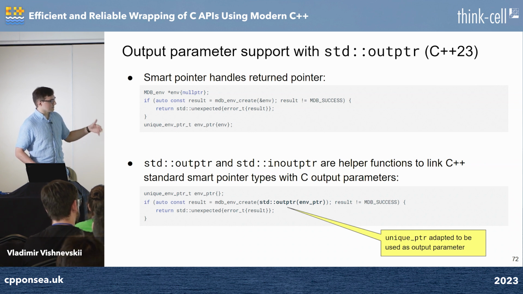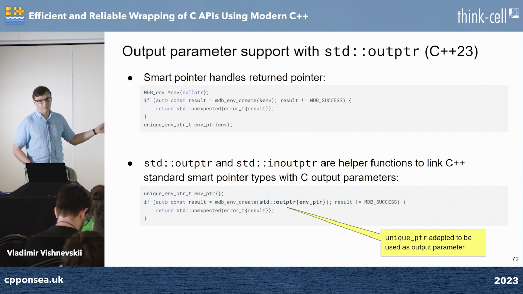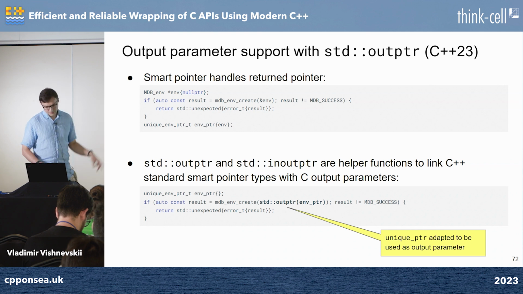This is first of all convenient. On the other side, it's actually better because we do not have this intermediate state where we already acquired the resource, but it's not yet handled by the pointer. So it returns std::out_ptr_t, the type that can be converted to the type that can be used by the function.